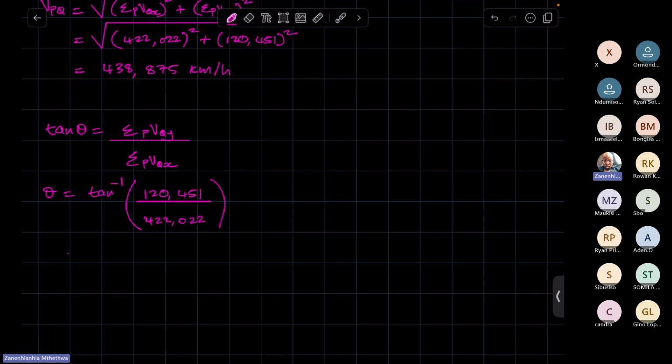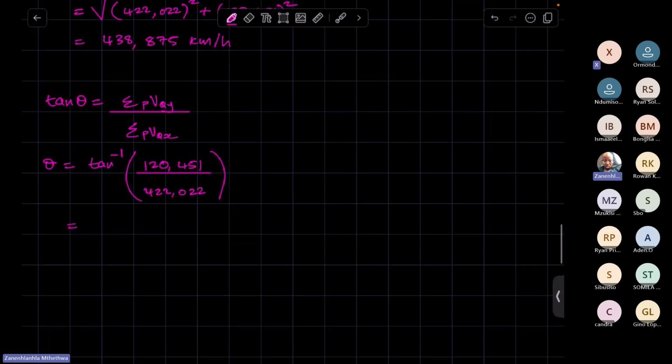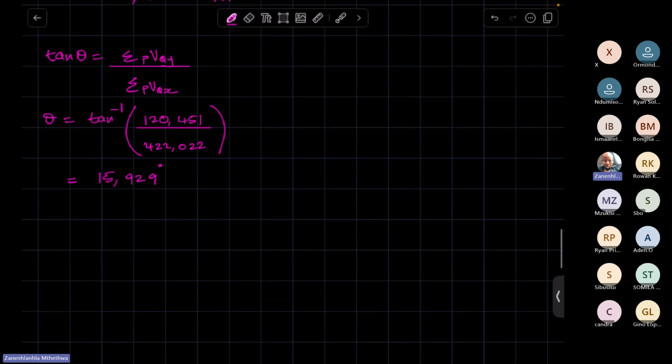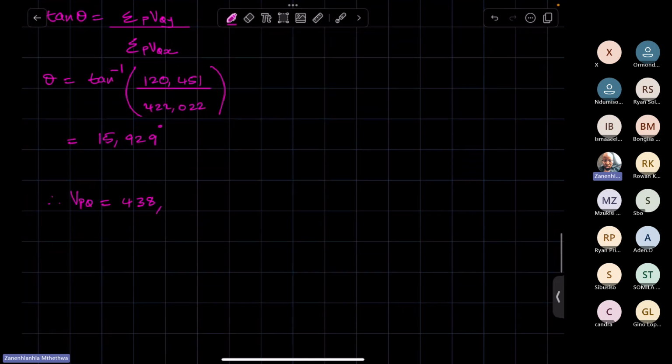And what do we get here? 15,929 degrees. So now you can say, therefore, the velocity of p relative to q is equal to 438,875 kilometers per hour.